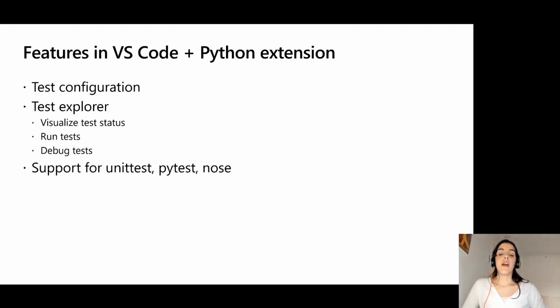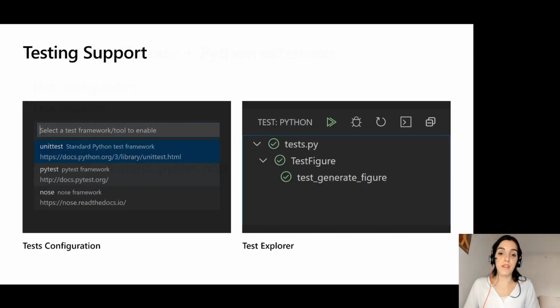I won't be able to cover it in this video, but if you want to check out the demo that I have linked at the end of this presentation in the resources page, you can go there and there will be a set of instructions on how to have this test experience configured in VS Code with the Python extension. But a brief overview is that you have this configuration experience to set up the framework and where your tests are located.